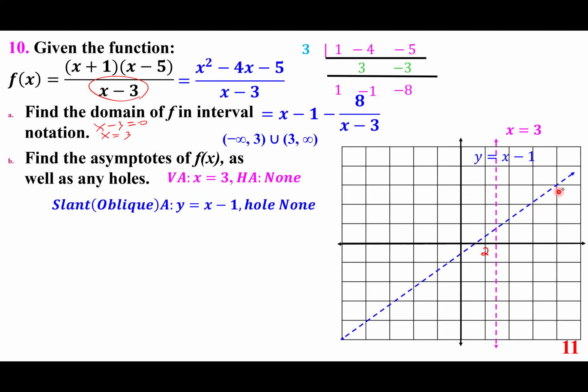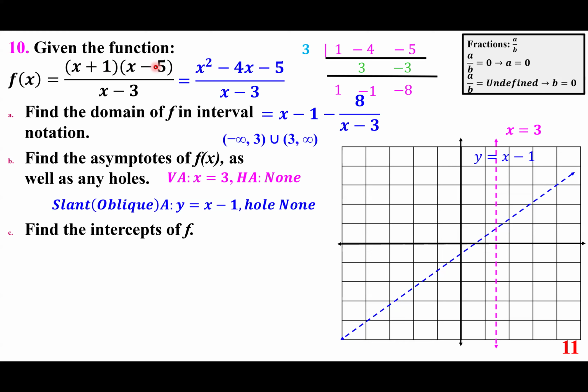Now, obviously, we want to find the intercepts, even if they don't say so. So x-intercepts, where is it? Let me go back to the original one. If I put f of x, y, equal to 0, that means the numerator is 0, right? Remember, this is 0 if the numerator is 0. So x is minus 1, x is positive 5.